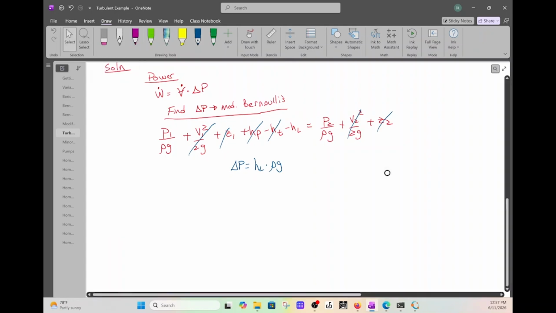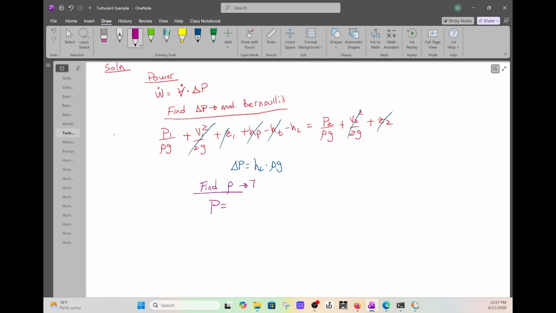Find rho. P equals, we'll use the ideal gas law, rho RT. Rho equals P over RT.